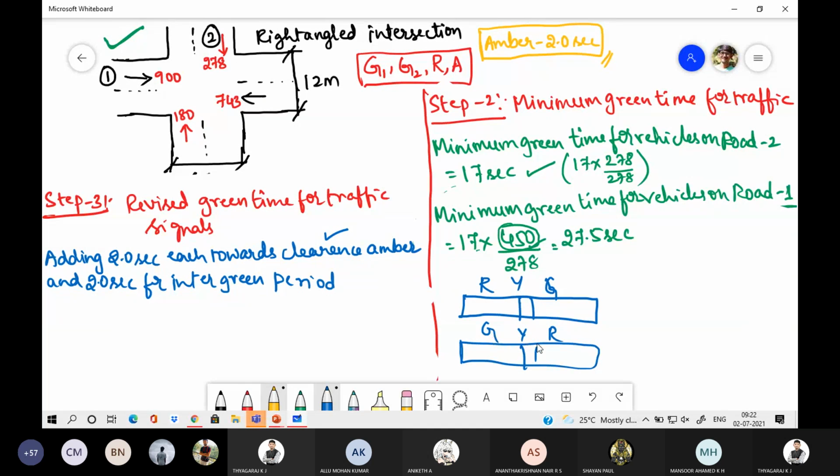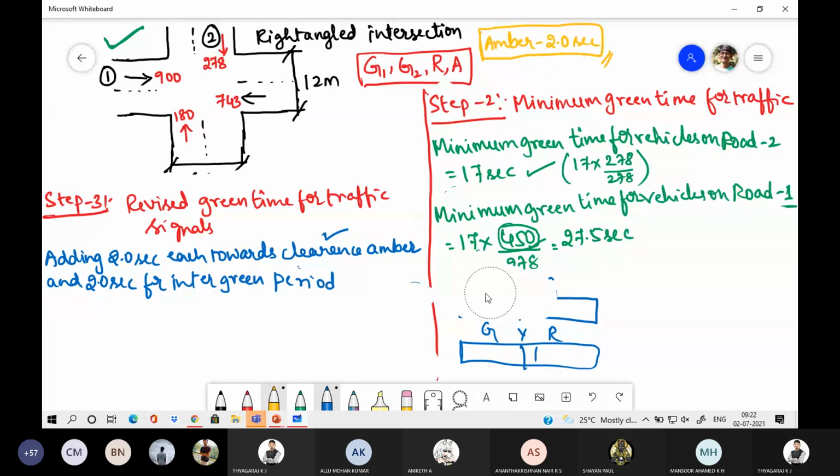Inter green means red to green, that will be considered as the inter green period. So is it clear? Clearance amber means it is between green and red. Intergreen period means red and green, that we are going to call it as intergreen period.